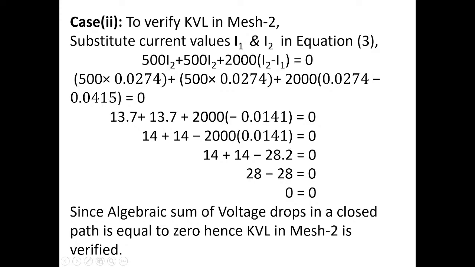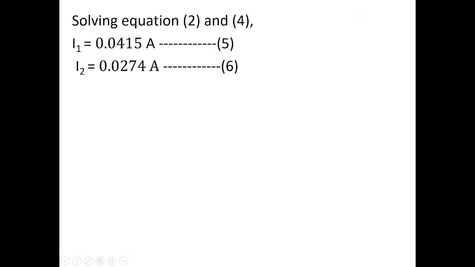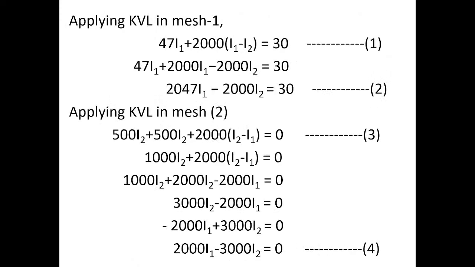So what is our equation 3? Let us go back and see. Equation 3 is 500 into I2 plus 500 into I2 plus 2000 into (I2 minus I1) equal to 0. This equation we wrote directly from the mesh, applying KVL in mesh 2.